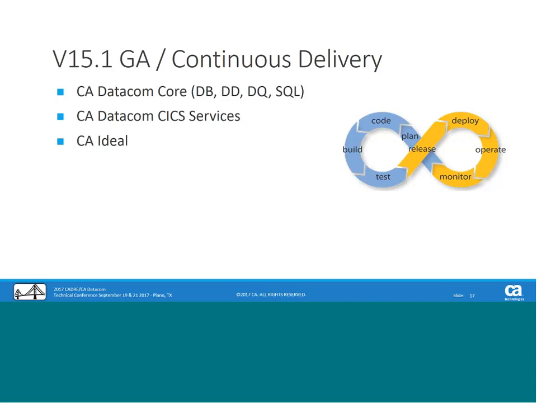But the goal here is that 15.1 could live many years before you have to do another upgrade, because upgrades are very, very costly at the client sites, require planning, require application verifications, all kinds of things. So we've gone into a continuous delivery model, which is also something that DB2 and several other databases have gone into, that will reduce the number of releases we'll deliver, but not the amount of functionality.